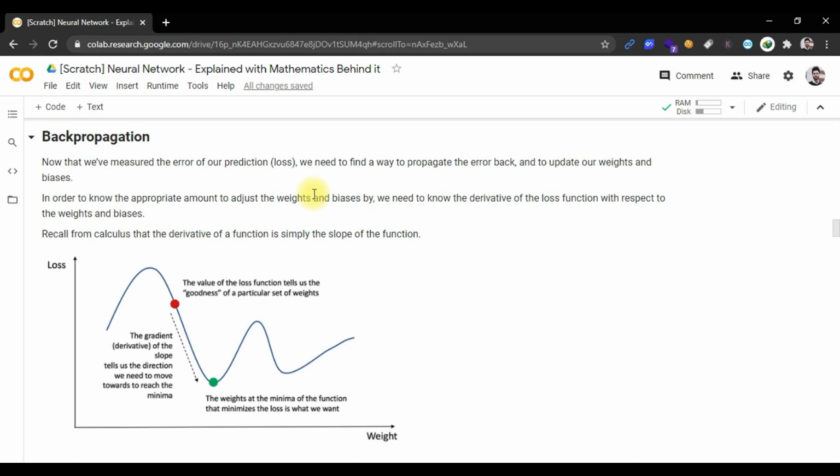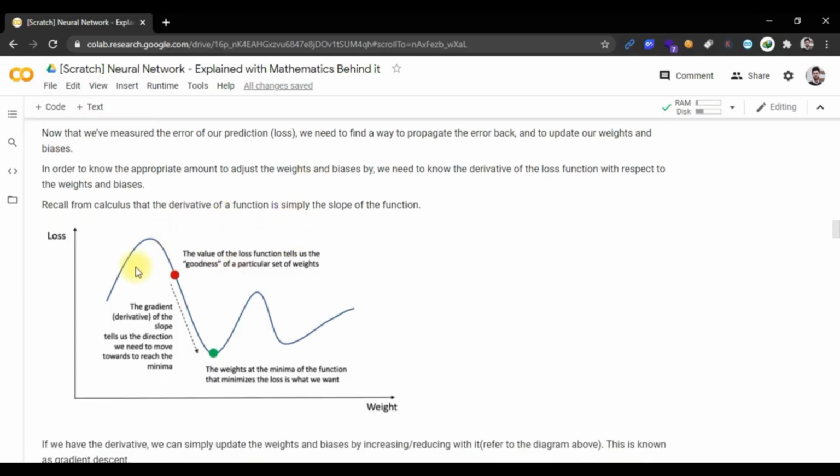These are the two topics of mathematics that you need to know, because we need the derivatives of loss functions with respect to their weights and biases. So you have to calculate those if you are trying to do it the mathematical way. If you are not, then there is no need to worry. All the mathematical functions are present in Python.